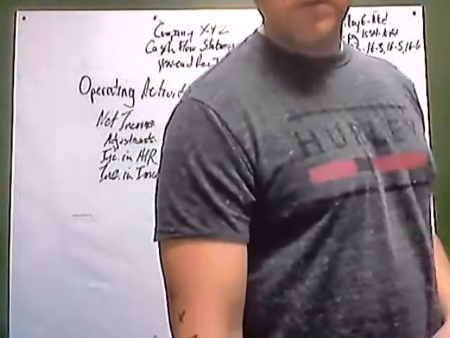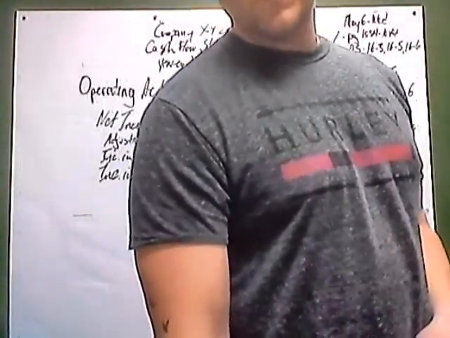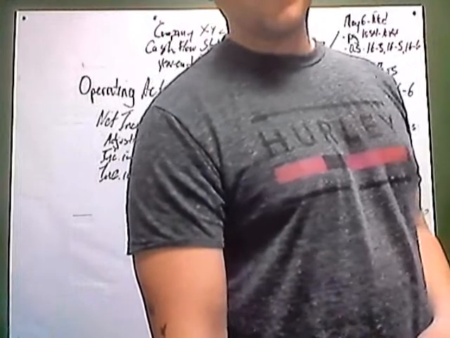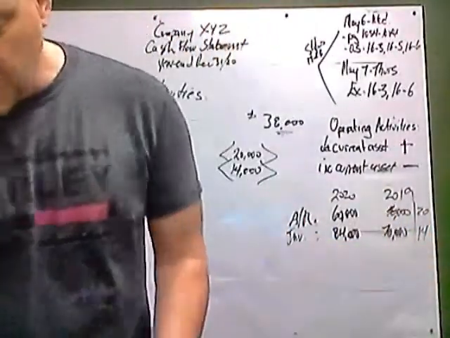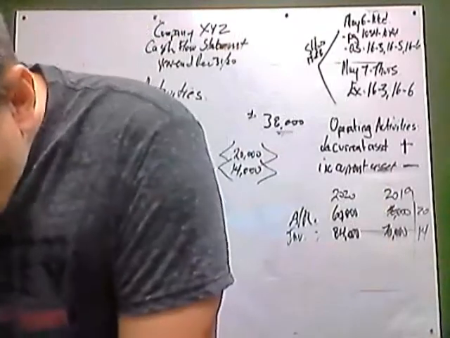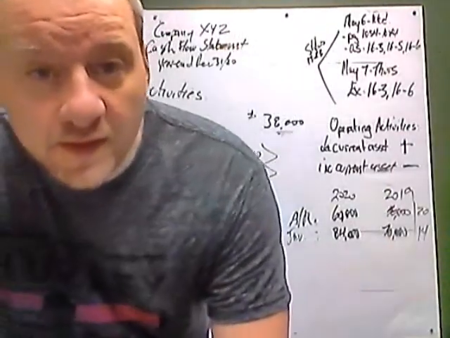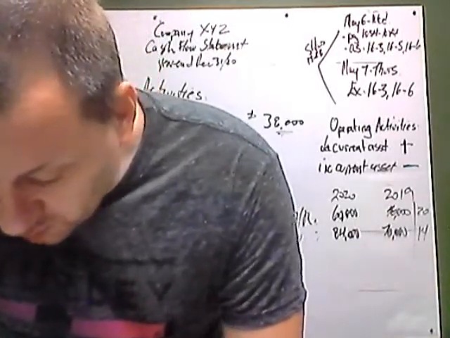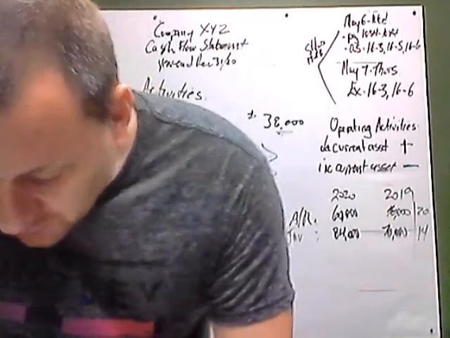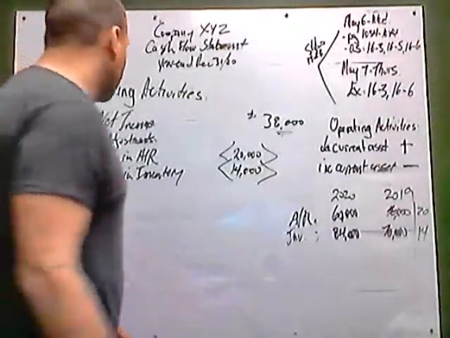Now from there, we're going to look at the rest of our current assets, or sorry, the rest of our current liabilities, because we're out of current assets. It also said here, I don't know why in the example they didn't include the increase in prepaid expenses, but in this example they do.